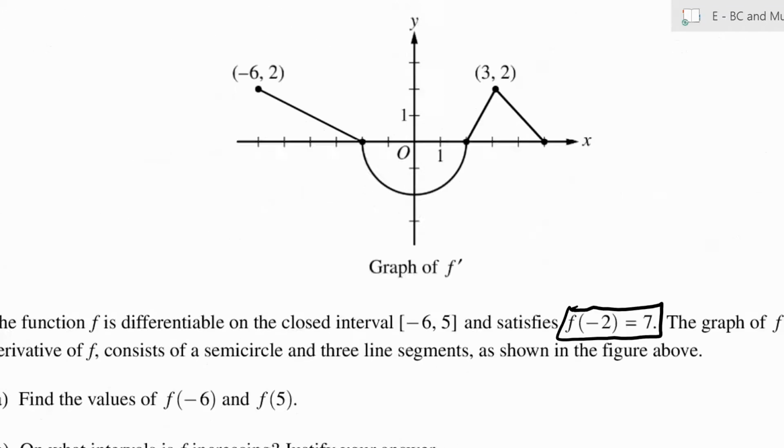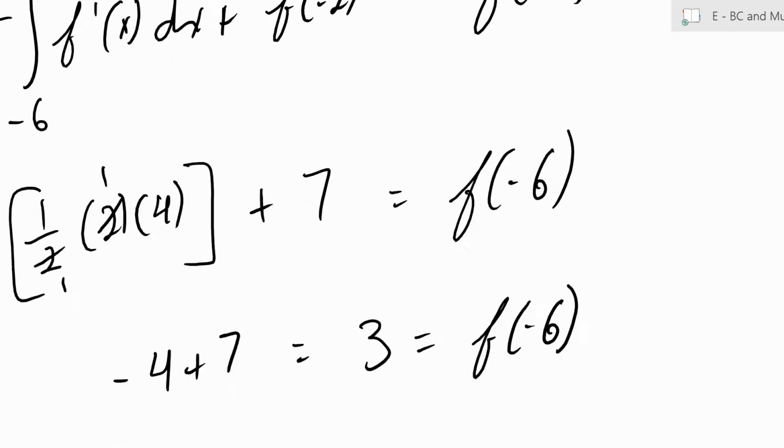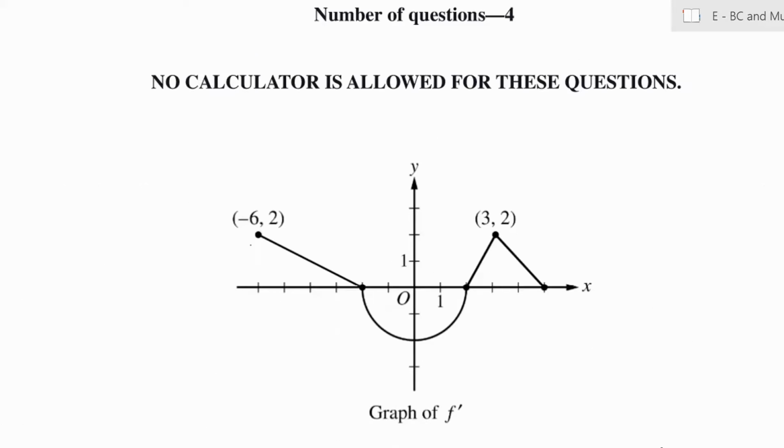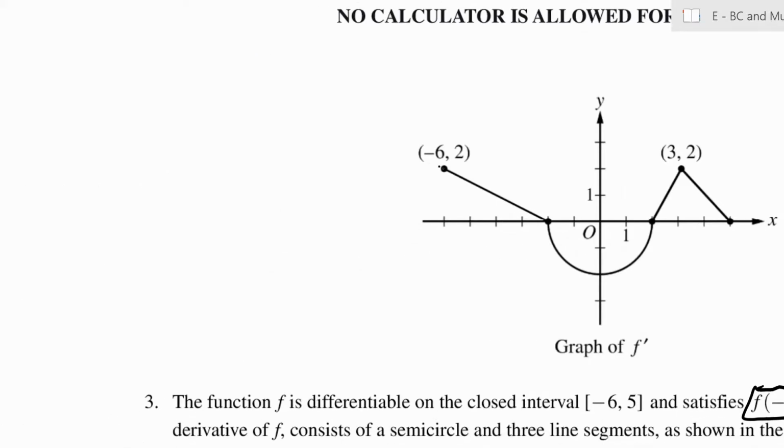And f double prime of -5, well, if you look at this line here, it's basically the slope of this line.